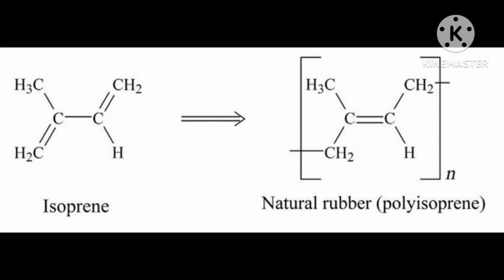This latex is obtained from the bark of the rubber tree. There will be rubber trees; from the bark of that tree you will get latex. It is found in India, Sri Lanka, Indonesia, Malaysia and South America.